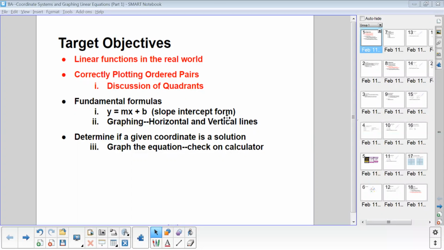And as you see, how we can compare different equations that have different slopes, different y-intercepts, all in relation to the parent function. We'll discuss that in just a moment. And then finally, we'll take an equation and we'll look at some ordered pairs and we'll determine if those are solutions to a linear equation.